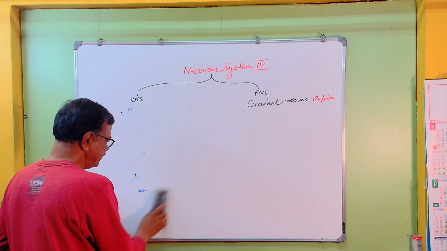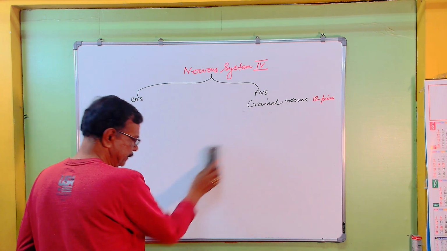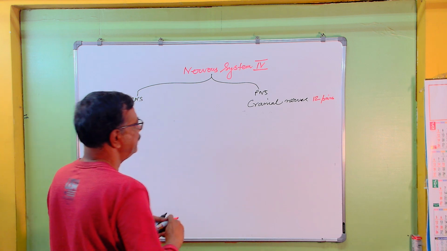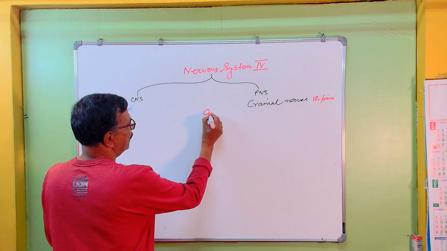So cranial nerves start from the cranium or the brain.